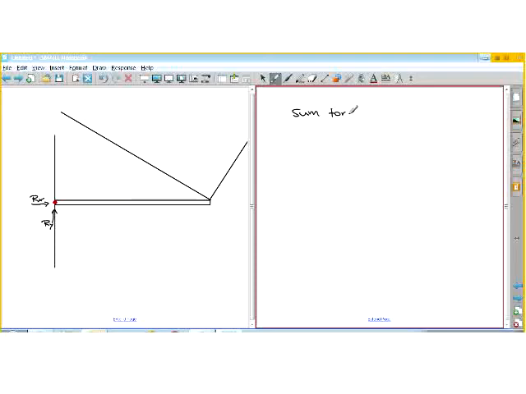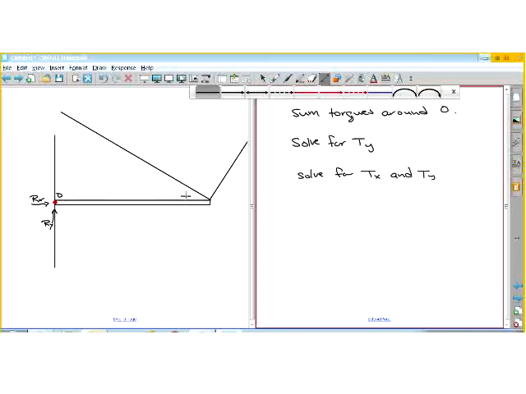You would sum torques around, we'll call this point 0, around 0. From that, you can solve for the y component of the tension in this cable. Okay, so once you do that, then you can solve for T sub x and T sub y, because you're going to know the geometry.